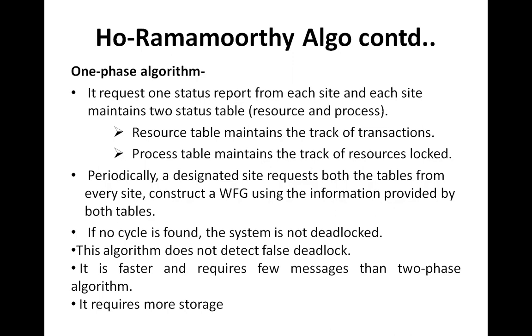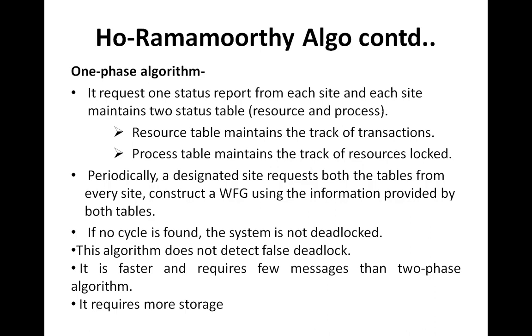Periodically, the designated site requests both tables from every site and constructs its own wait-for graph, depending upon those transactions for which the entry in the resource table matches the corresponding entry in the process table. Whenever it frames the WFG, it looks at both kinds of tables separately.